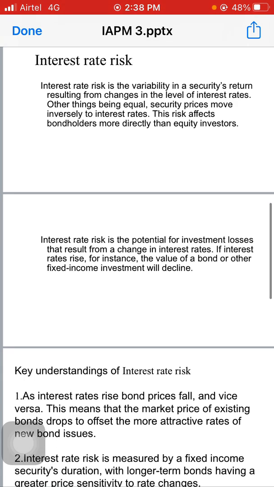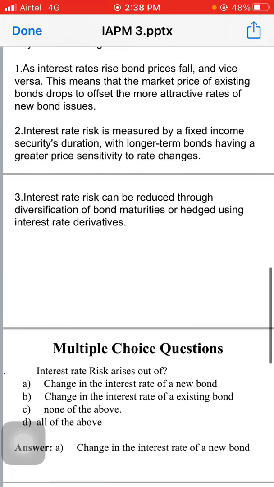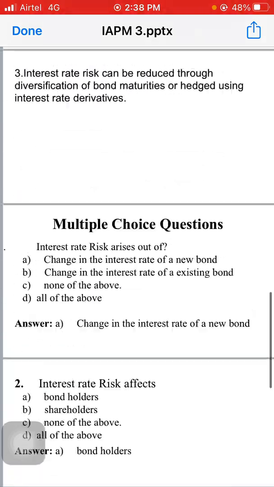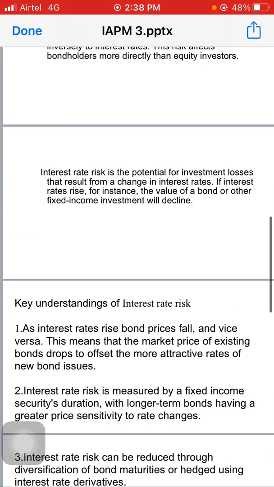Going further, interest rate risk is the potential for investment losses that result from a change in the interest rate. If interest rates rise, for instance, the value of a bond or other fixed income investment will decline. Say for example, let us assume that XYZ company is issuing bonds with a fixed rate of 10%.